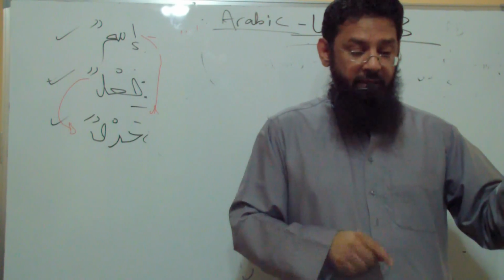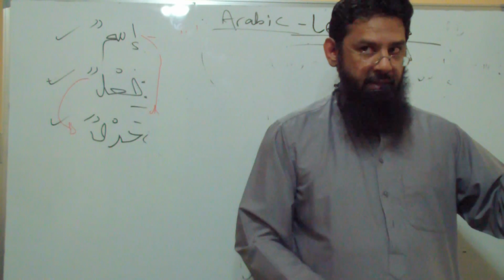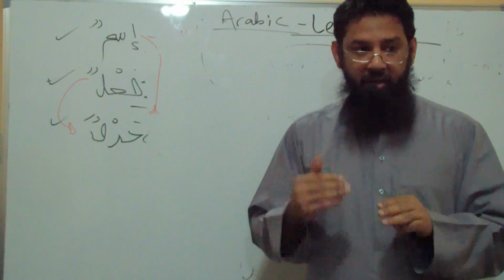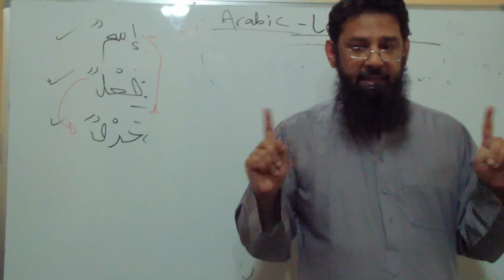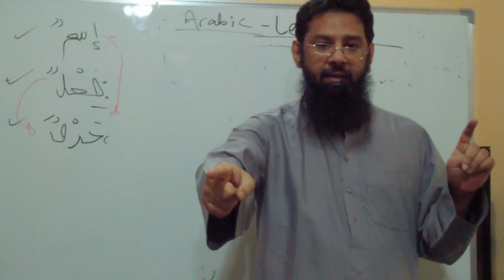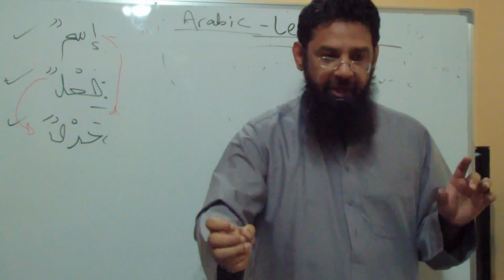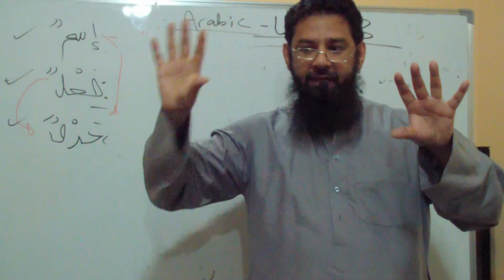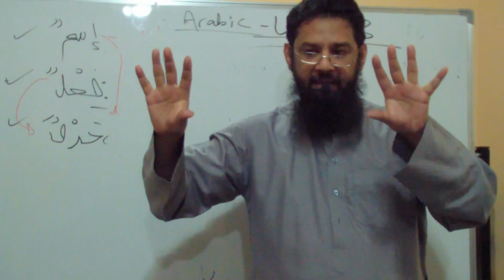Nouns to adjectives, adjectives to adjectives, nouns to nouns. Excellent. And the rule for noun to adjective: if the noun has al, the adjective should have al. Very good. So the adjective follows the noun in terms of definite or indefinite article as well as case endings.